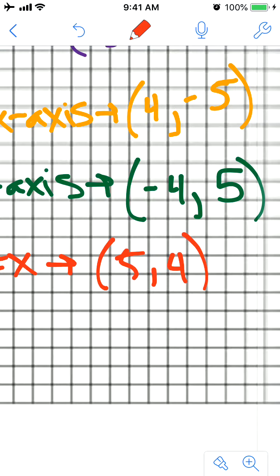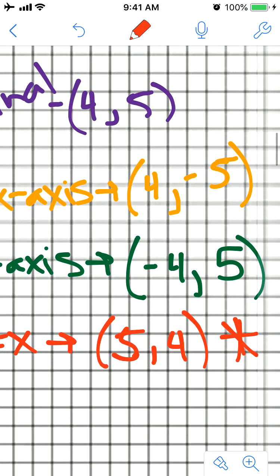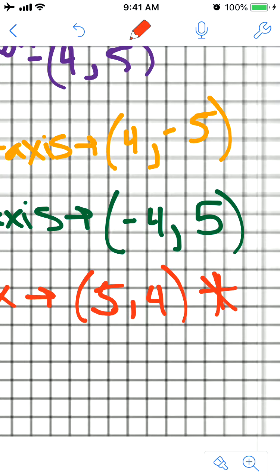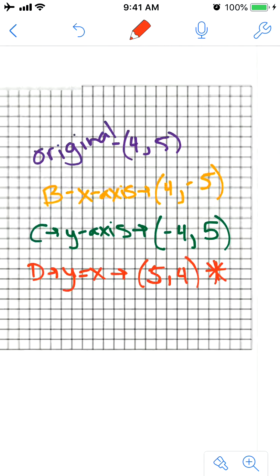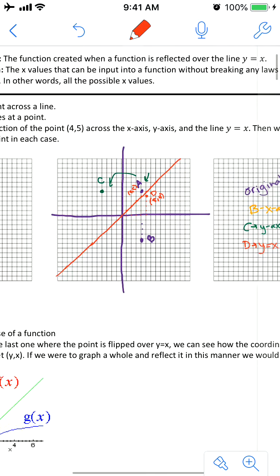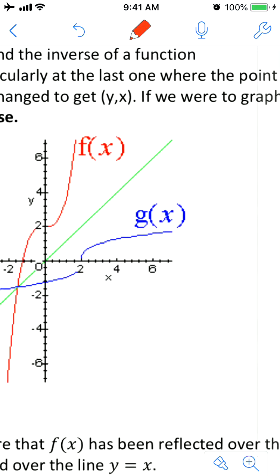They weren't both negative. That's just a rotation of 180. But this ended up being backwards. We switched x and y. And this one is the most important, to be honest, when it comes to inverses, because switching x and y is kind of the theme throughout the entire section here. All right, cool. Now, as I was saying, this line is most important.